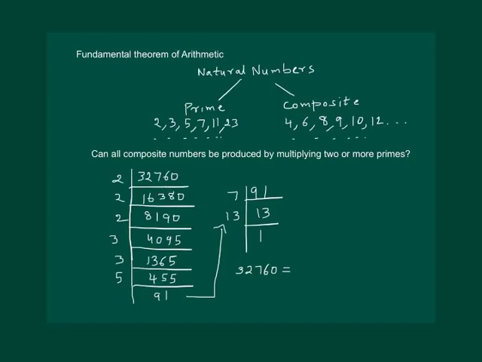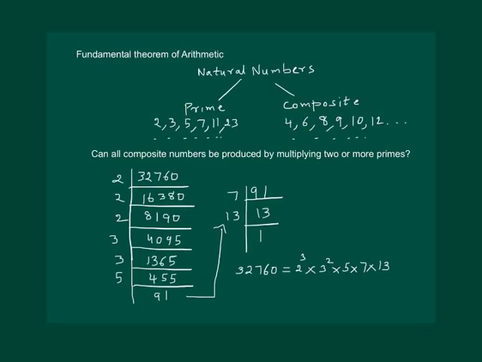32760 can be written as the product of its prime factors. That means 2 to the power of 3 multiply by 3 to the power of 2 multiply by 5 multiply by 7 multiply by 13.